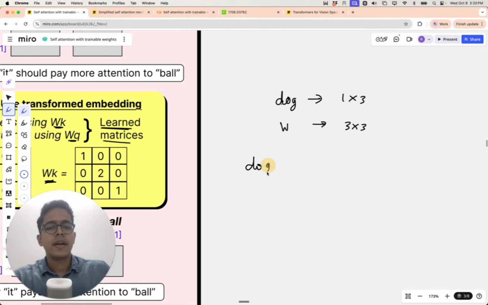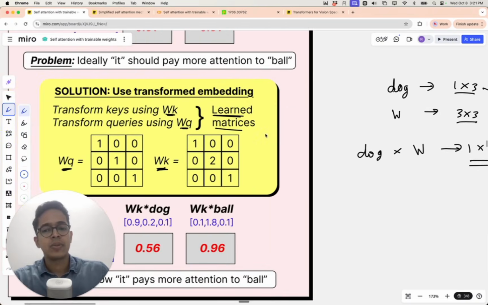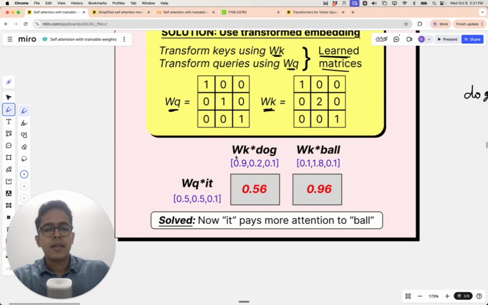So the dog vector multiplied by the weight matrix, a 1 by 3 matrix multiplied by a 3 by 3 matrix, will result in a 1 by 3 matrix. So this has the same dimensionality as the original dog vector, but it has transformed in values. When we multiply the key weight matrix with the original input embedding for dog, we get 0.9, 0.2, 0.1. And when we use the key weight matrix with ball, we get these numbers.